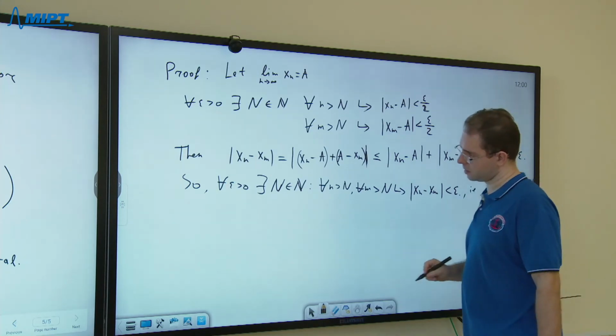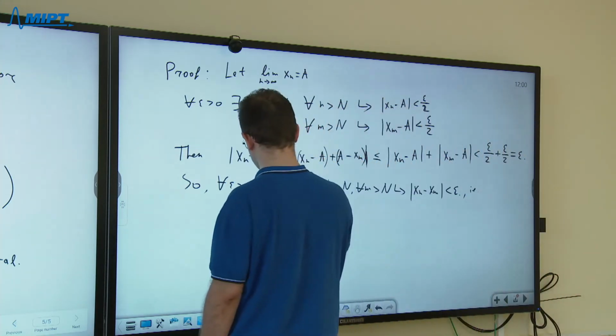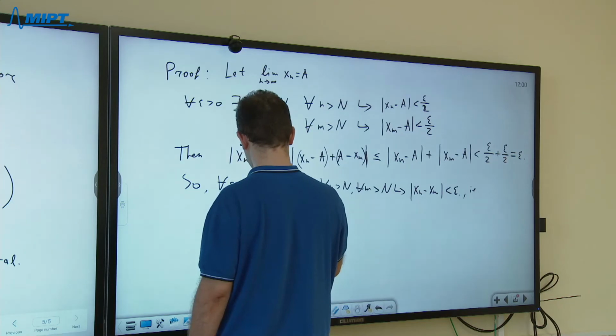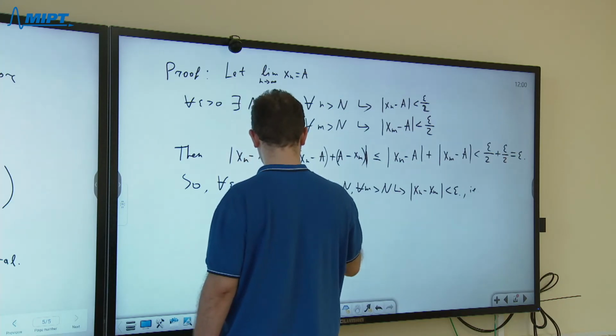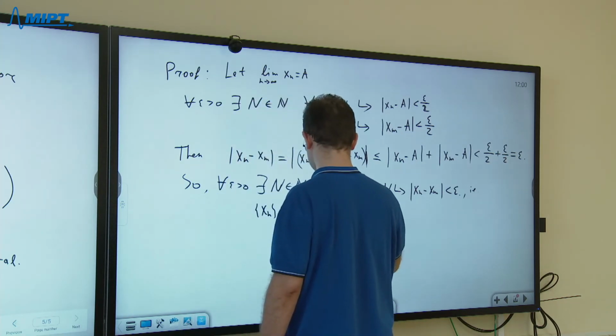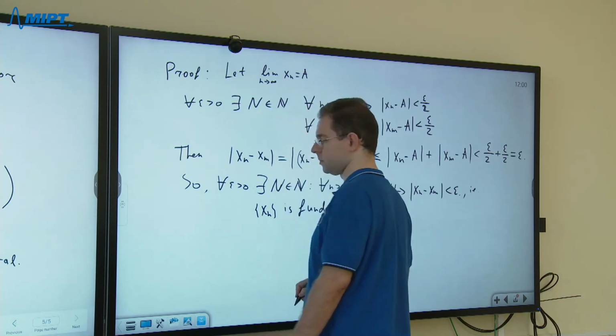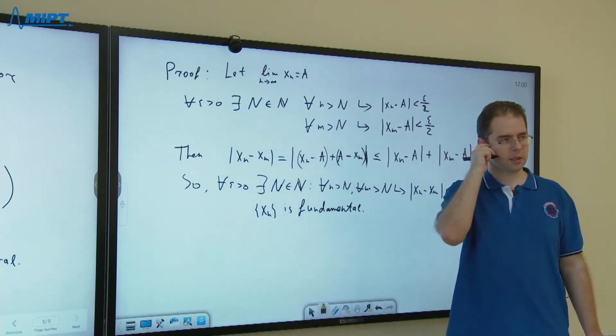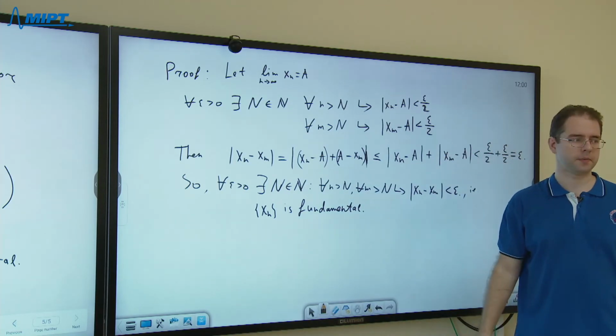That means xn is fundamental. The sequence is fundamental.